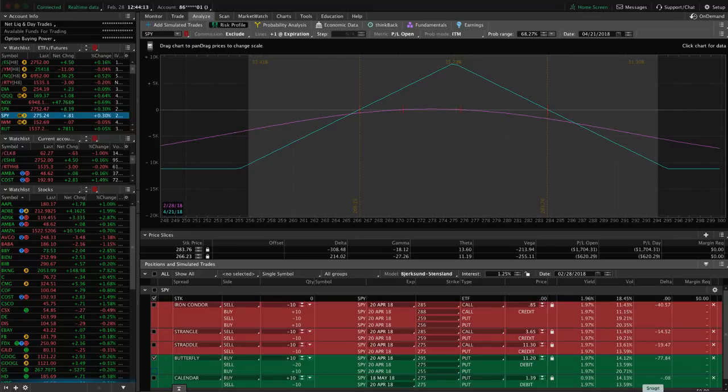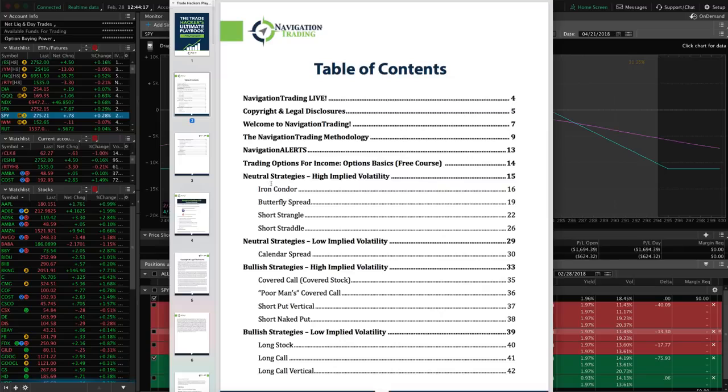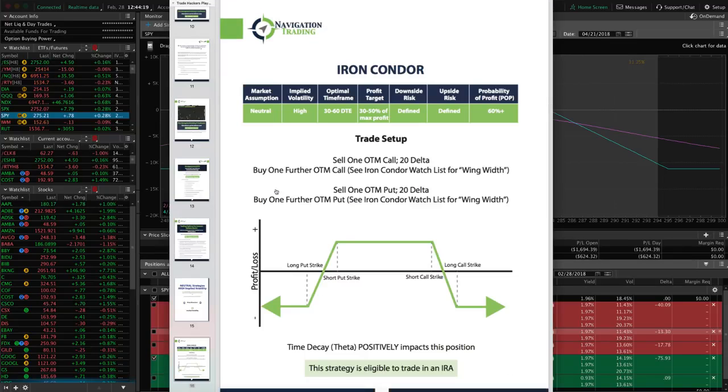Going back to the ebook, let's take a look at income strategy number 4. And that strategy is an iron condor. Now, an iron condor is one that a lot of newer traders start with because you can get wide away from price. You can build a nice wide range to profit in, but you're also defining your risk. So just like the others, our market assumption is neutral.